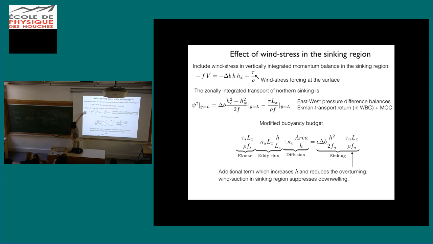Because imagine you don't have any overturning circulation, then you still set up a pressure difference between the east and the west, which is there to return the Ekman transport. Because if you have Ekman transport at the surface, you require there is no net transport. You have to have something equal and opposite below, but that's geostrophically balanced, so it sets up a pressure difference between the east and the west.